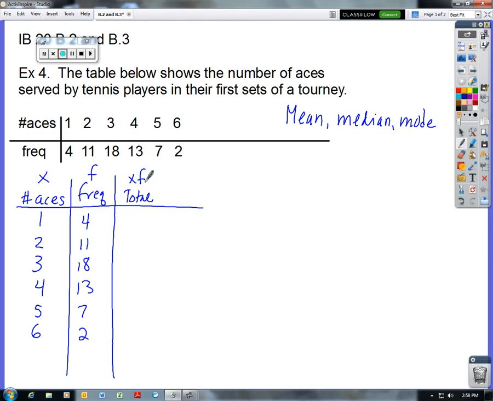But anyway, it's 1 times 4, 2 times 11, 3 times 18, that's 54. 4 times 13 is 52, 5 times 7 is 35, 6 times 2 is 12. I know it's not called the total. Let me look in my notes. Oh, it's the product. This should say product.